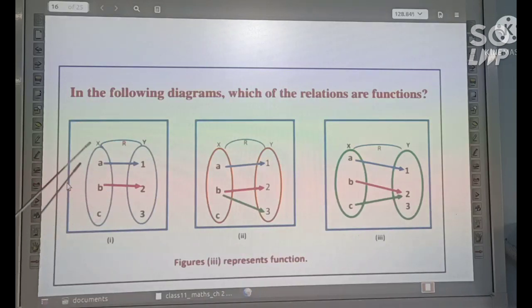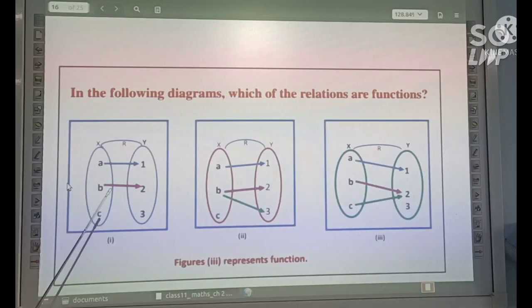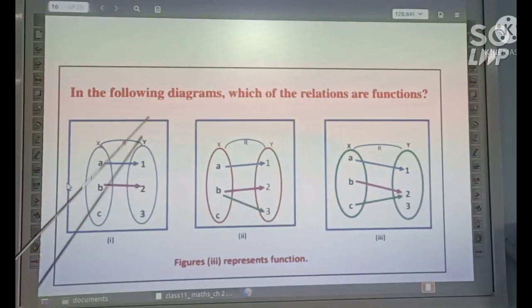In the domain we have three elements A, B and C, and in the codomain we have three elements 1, 2 and 3. We know that A is related to 1, B is related to 2, but C is not related to 3. Then we say that this is not a function.